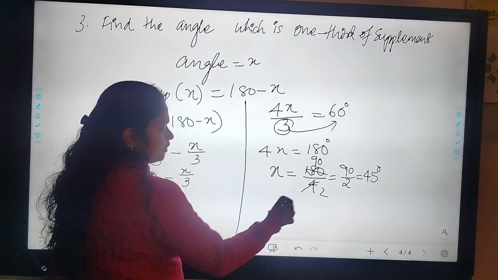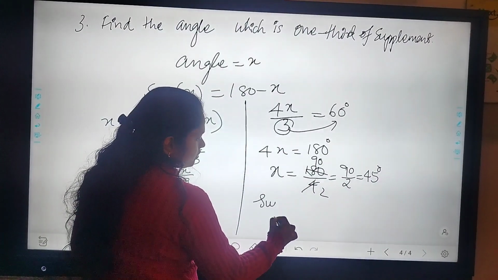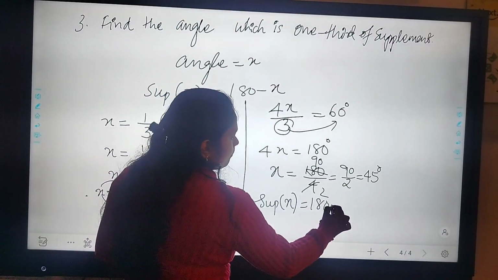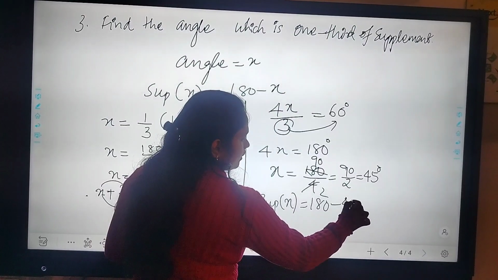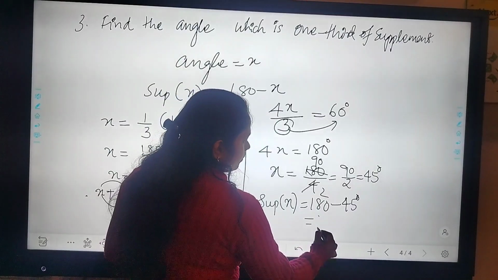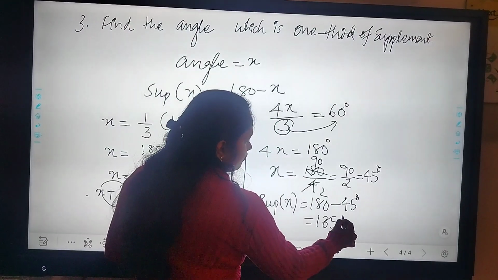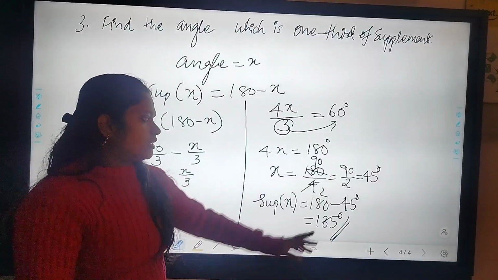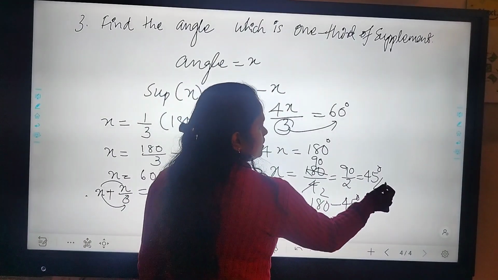Then x equals 45. Then the supplementary angle of this one will be 180 minus 45, that will be 135. So here we only have to find the angle. The angle is 45. This is the answer.